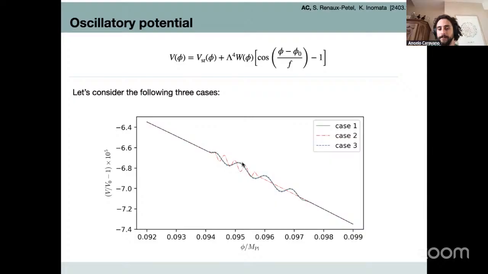The first one is this green one here. For the second one, I take the same amplitude, but twice the frequency of the oscillation. And for the third, I take the same as the first case, but I slightly increase the amplitude of the oscillation. You'll see here that the blue has a slightly higher oscillation amplitude.